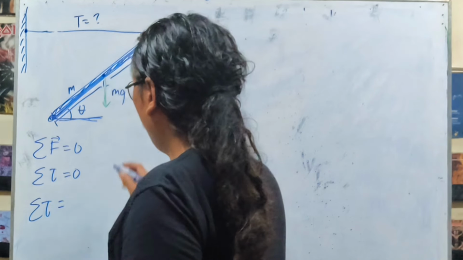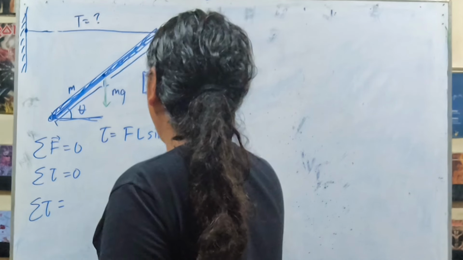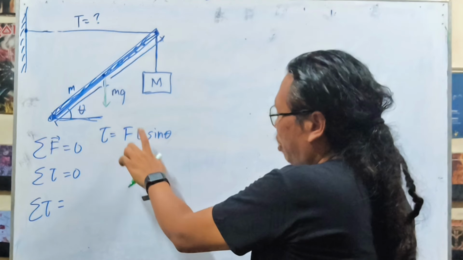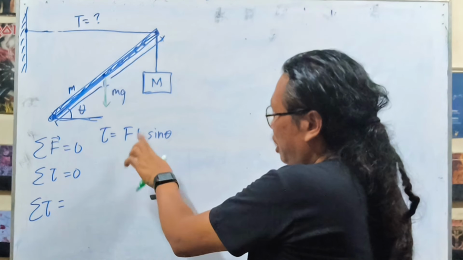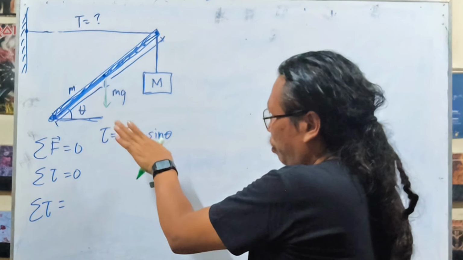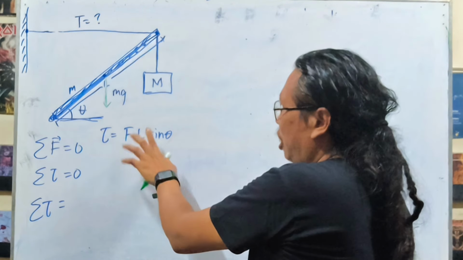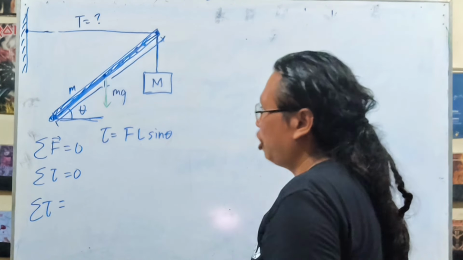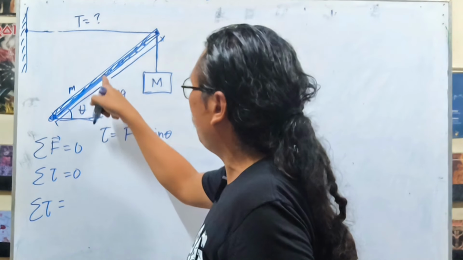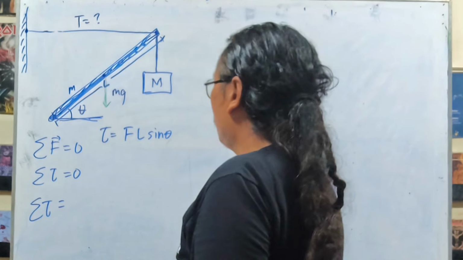Now, what is the formula for the torque? The torque is equal to F L sine of theta. The L is the lever arm, the distance from the pivot point at which the force is acting. So this is our pivot point, and our lever arm here is just L over 2, because it's just halfway.